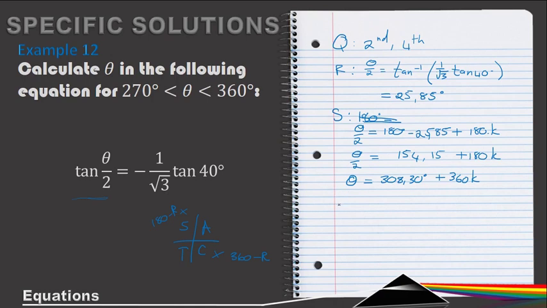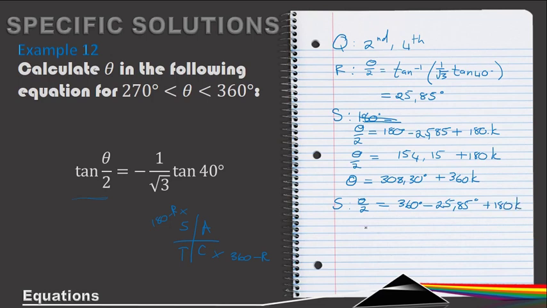Then for the other solution, in the third quadrant, we've got theta over 2 is equal to 360 degrees minus the reference angle 25.85 degrees plus 180k.